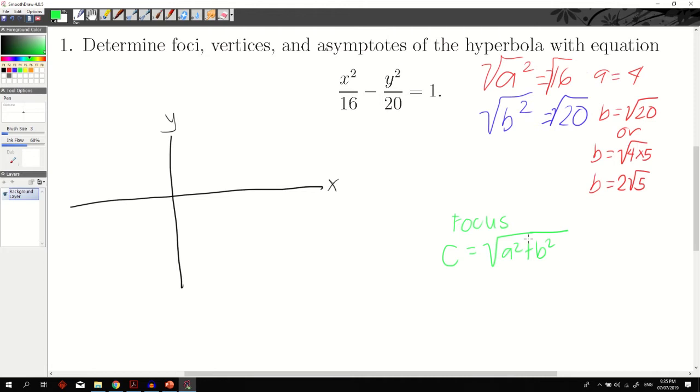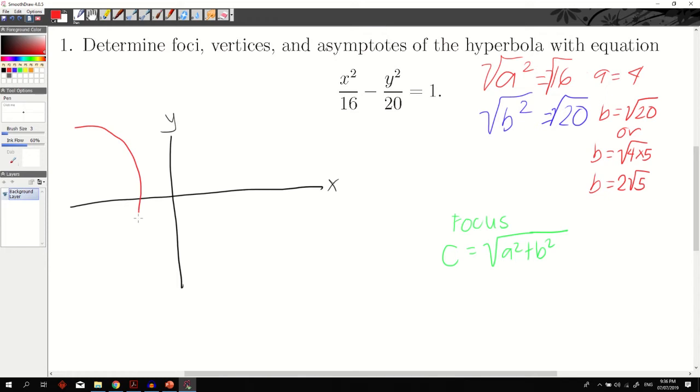From the ellipse, c is the square root of a squared minus b squared, but in the hyperbola, it becomes a squared plus b squared. Why? Because we determined that the major axis is x, and our center should be 0, 0 because there's no h and no k.